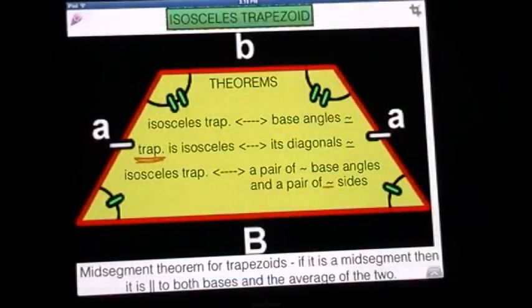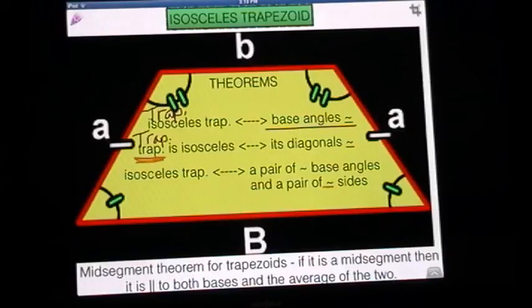Alright, some theorems about isosceles trapezoids. Now all of these begin with a trapezoid. If it's a trapezoid, it would be isosceles if its base angles are congruent. If it's a trapezoid and its diagonals are congruent, then it would be an isosceles trapezoid.